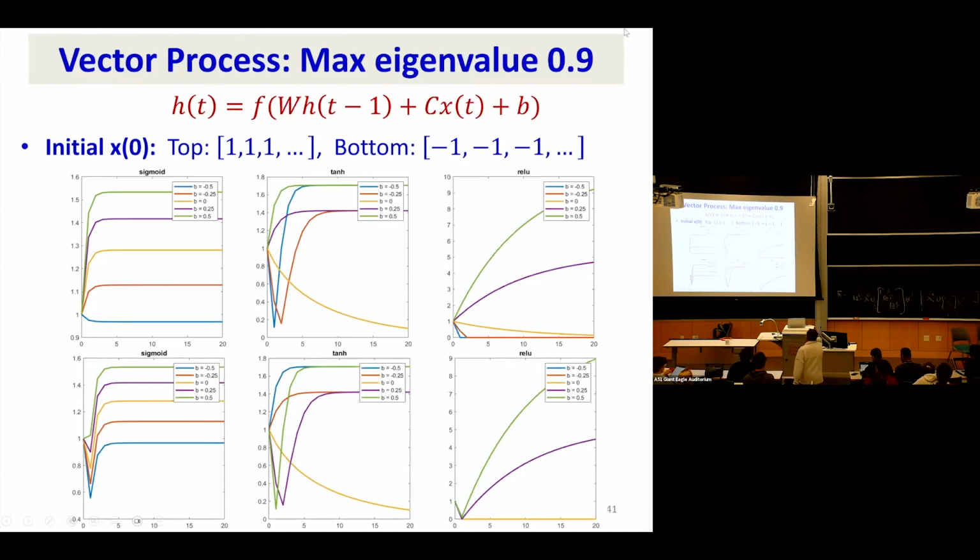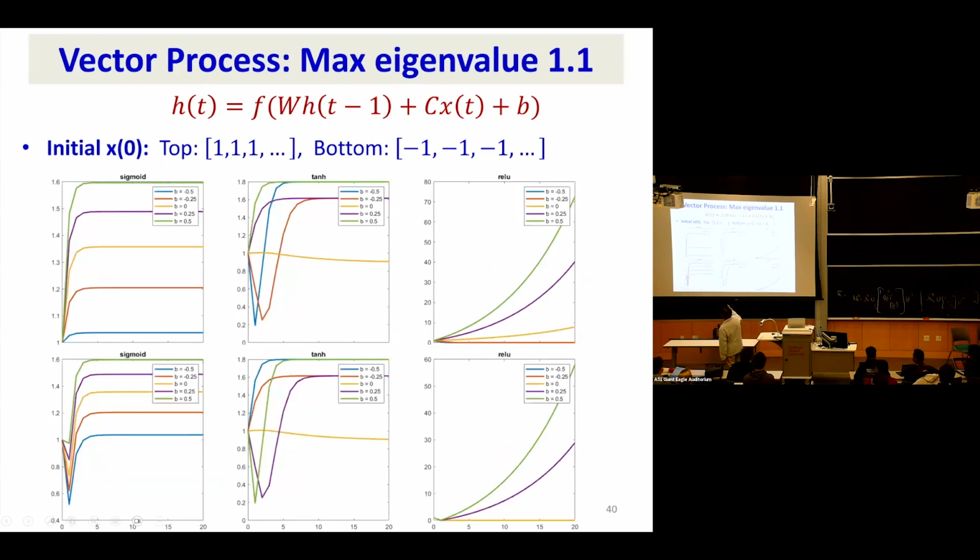But it's not just the weight matrices. If you look at these plots, the kind of response where you end up after some time also depends on a second factor, namely the activation function, right?